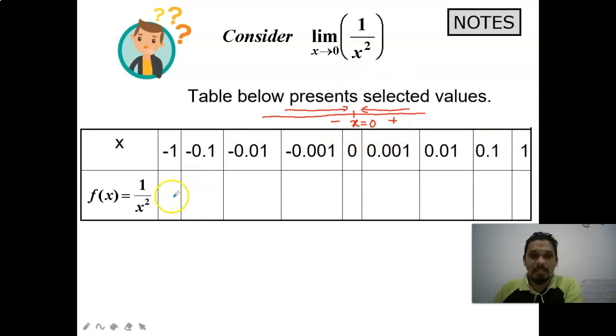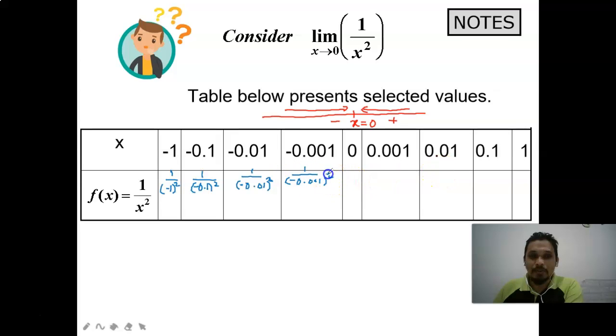So just imagine that this is 1 over negative 1 squared, 1 over negative 0.1 squared, 1 over negative 0.01 squared, and the last one for the left side, 1 over negative 0.001 squared.